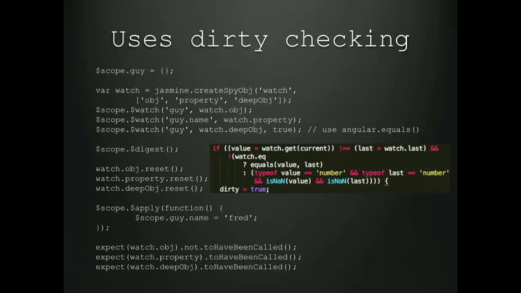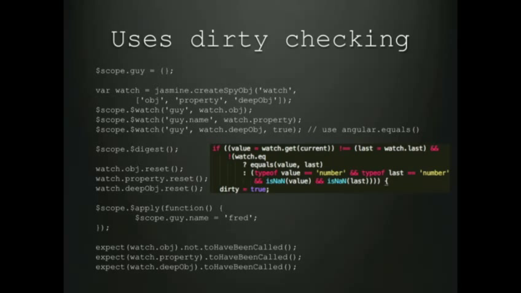So this is the actual code for the evaluation of whether or not things have changed, whether or not they're equal. What it's doing here is the watch gets the current value, whatever that may be, and compares it to its cached version, which is watch.last. And then watch.equal, that's this parameter right here, this true. If it's false, it's going to do just this part, which is a few random things.